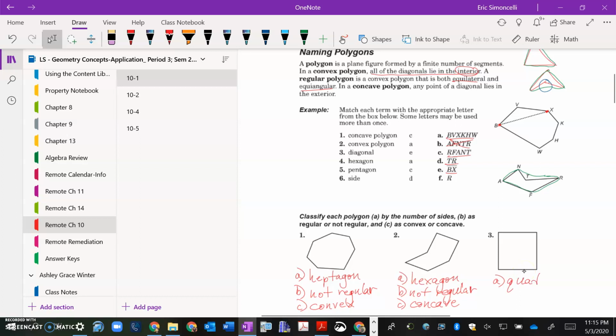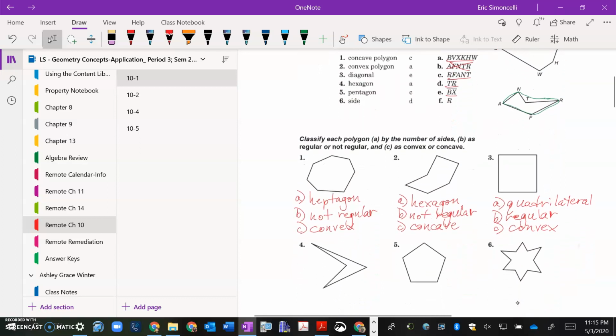Generally, we'll say quadrilateral. It does appear to be regular. And because it's regular, I can go as far as to also call this a square. And then lastly, convex, because again, the rubber band trick does work in which it touches every side.